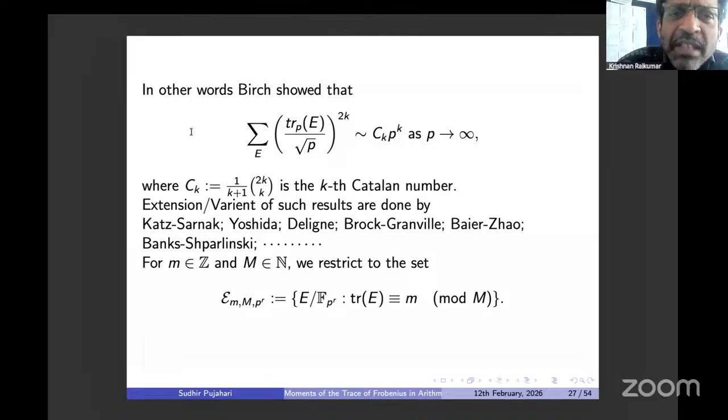And we are making a summation over E, these are all elliptic curves. Once you fix a finite field, you look at all the elliptic curves over that finite field, and then you look at the trace of Frobenius and take their moments. So it's a finite sum. Yeah, then we change the field. Okay.